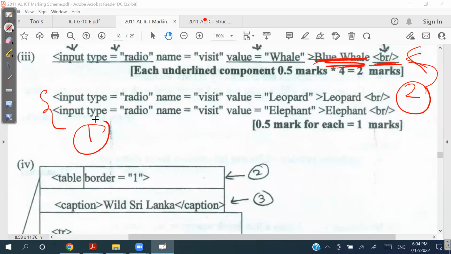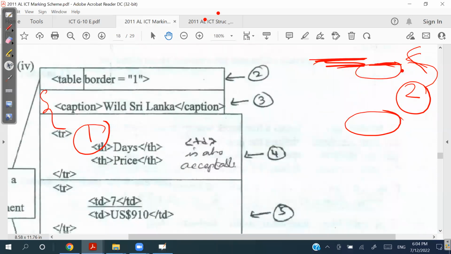Right, so if you have done it correctly, then you will be given 2 marks and 1 mark, 3 marks together.